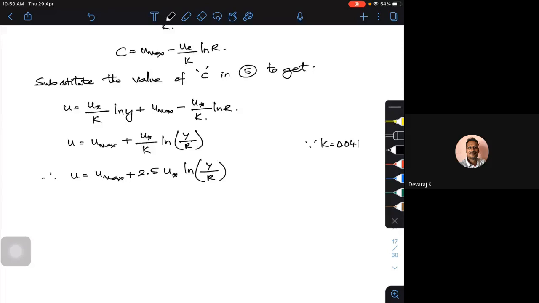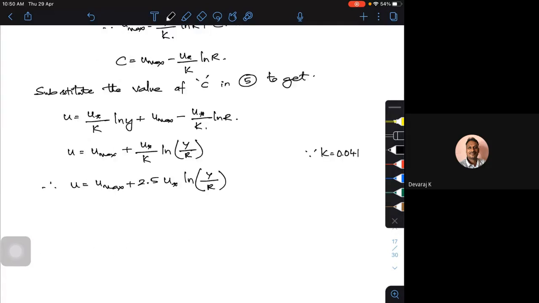Let me call this equation number 7, after substituting the value of k.